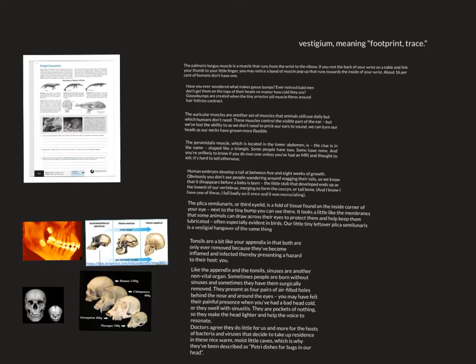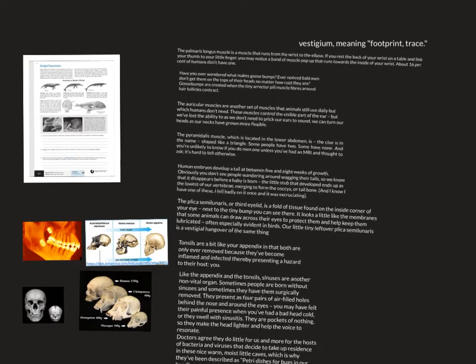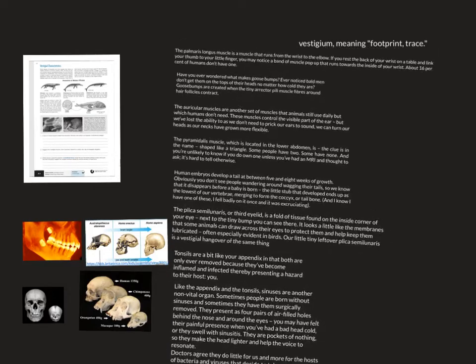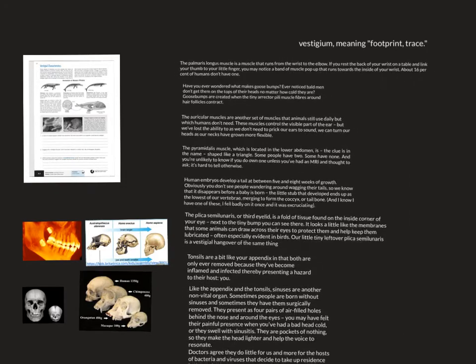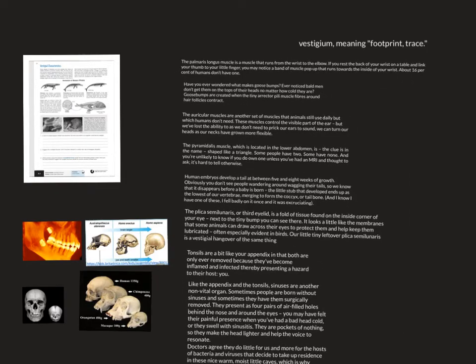Those 16% would have the mutation that got rid of that muscle. That is, in essence, evolution in the process of getting rid of a structure that is not necessary any longer.